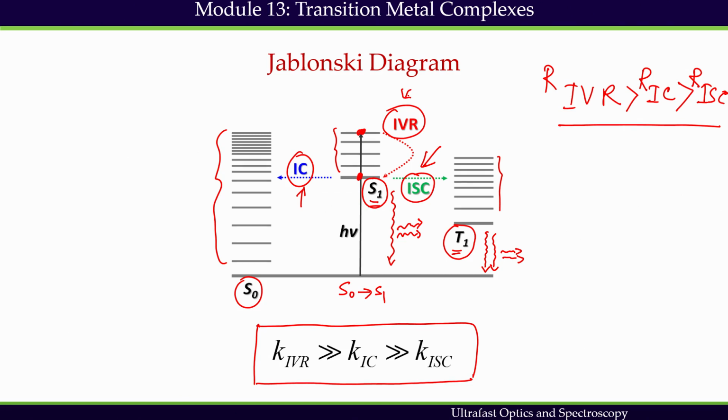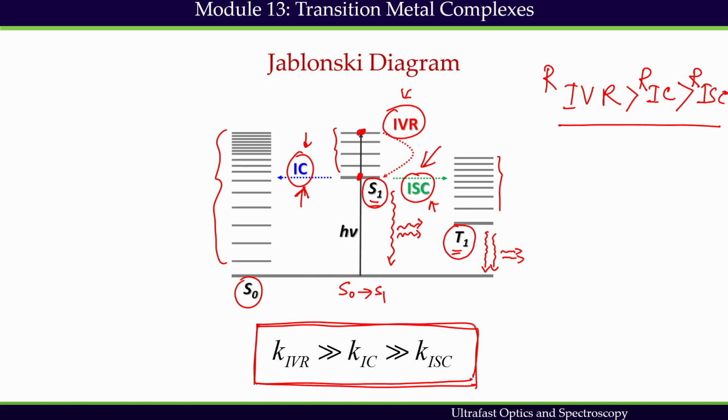On the other hand, IC and ISC involve two different states, but there is a major difference. IC involves the same spin state. It does not change the spin state. That is why it is faster than ISC. So, this is a very well accepted trend in photochemistry and photophysics.